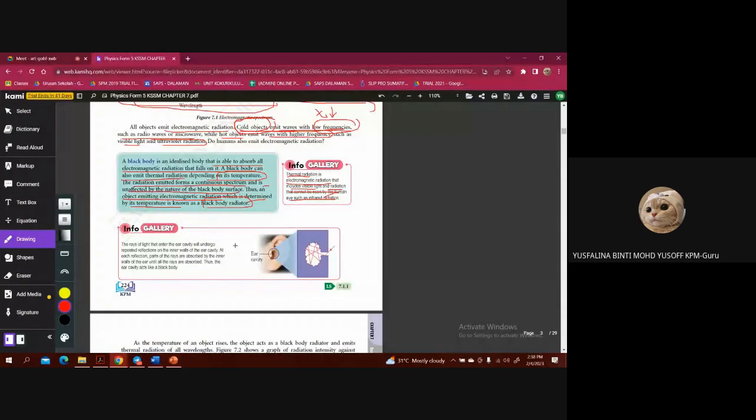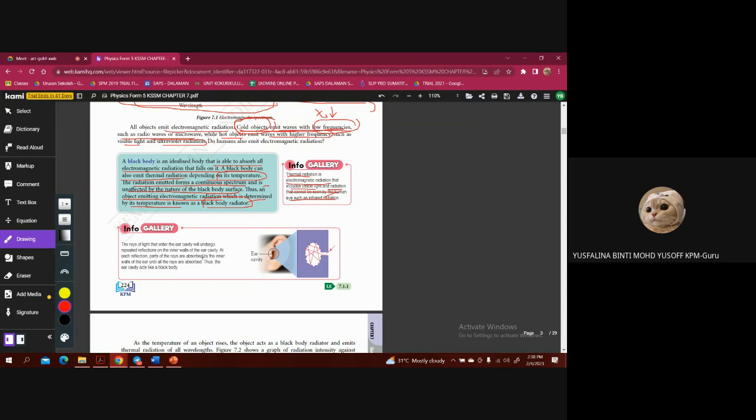In your ears, if you look inside your ears, it's dark. You cannot see anything. The ray of light that enters the ear cavity will undergo repeated reflection. When the light comes inside the ear cavity, it will be reflected many times.